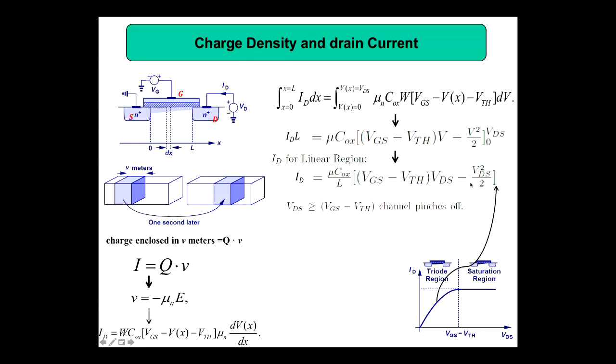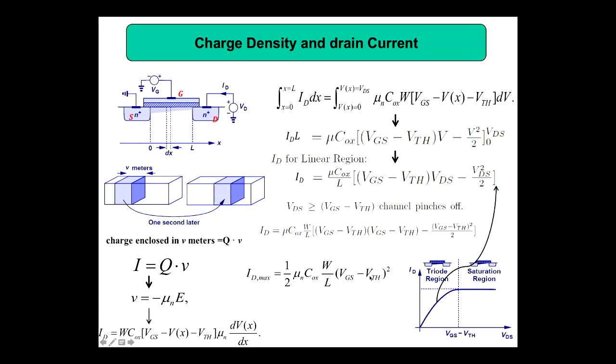When you put in that value, instead of VDS you put VGS minus VTH, here also you put VGS minus VTH, then you can solve it, and just rearranging, you get ID maximum, the drain current maximum, which is half mu n COX W by L, VGS minus VTH the whole square. See, that's the current we are getting.